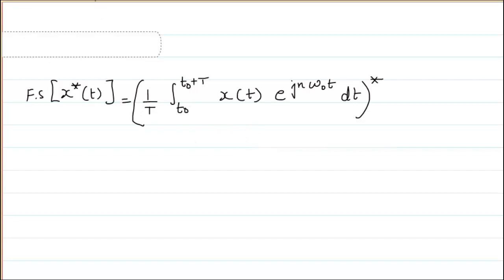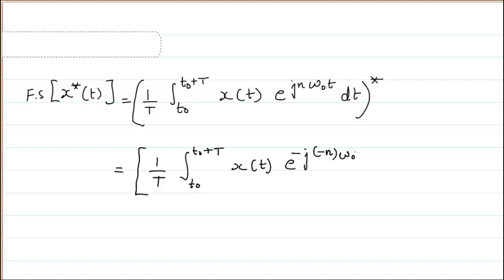So what I will do is I will again rewrite this equation in this way: I am having 1 by T, no problem, integral T naught to T naught plus capital T x of t, and now to get a minus here, I will put a minus in n, then omega naught t dt, the whole conjugate. The whole conjugate, let me put conjugate as a clear symbol.